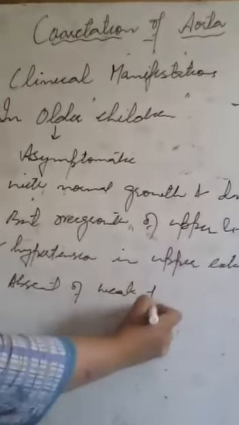In older children there are no signs and symptoms, with normal growth and development, but the upper limbs may show overgrowth, also hypertension in the upper extremities, with absent or weak femoral pulse. This is in older children.